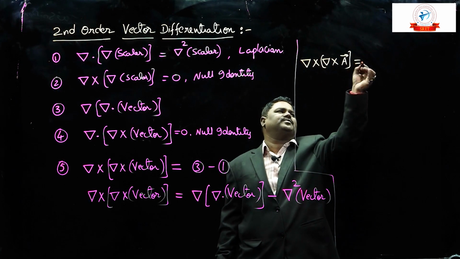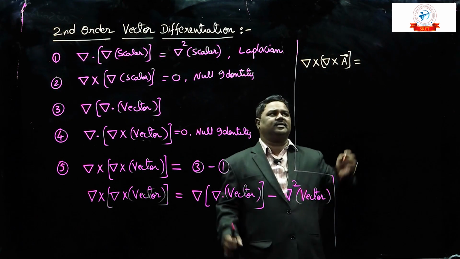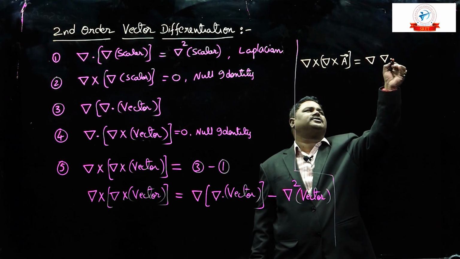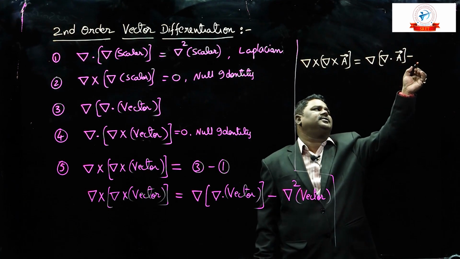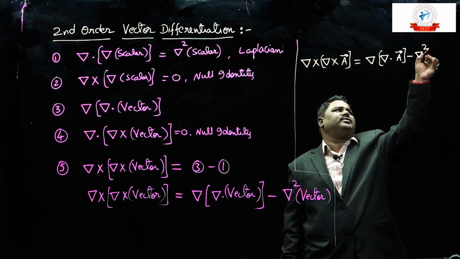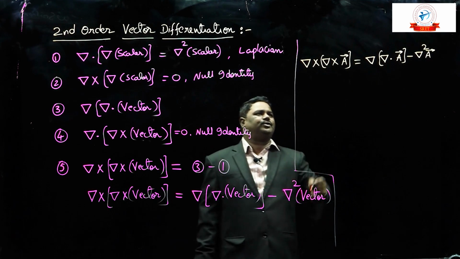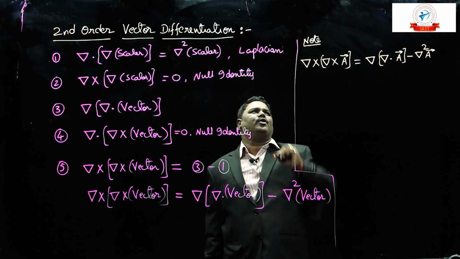Okay, so this is equal to, as I said, third equation first, that is gradient of divergence of A bar minus Laplacian on the same vector A bar. Okay, so this is an important equation. You can take it as a note.